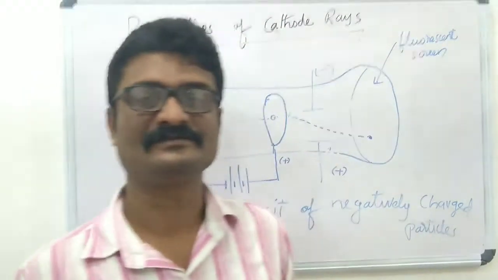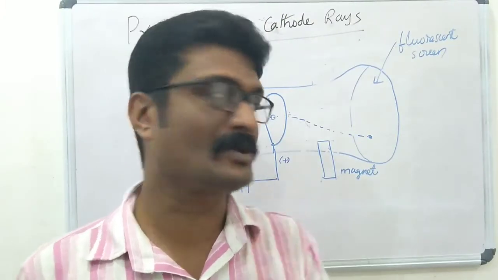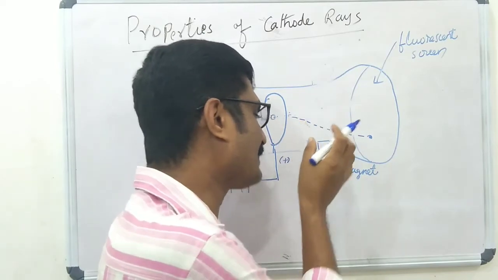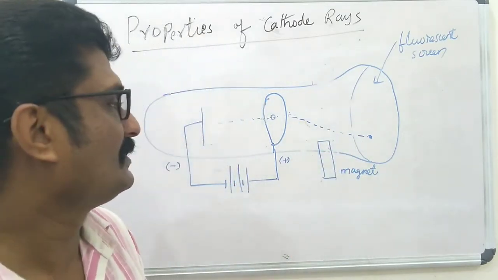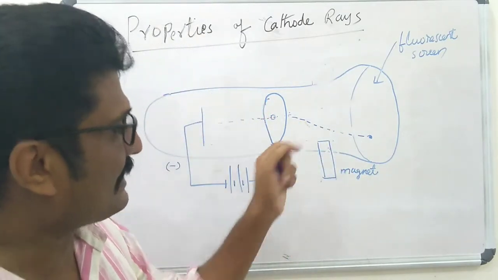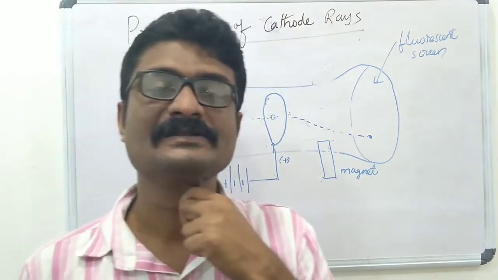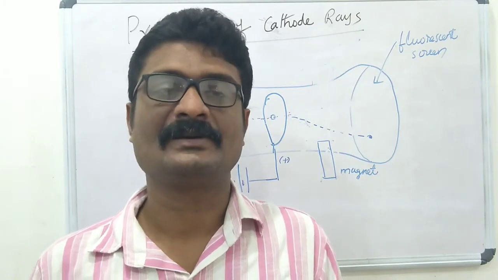Then the next property, when we apply the magnetic field, we can observe that the cathode rays undergo deflection.